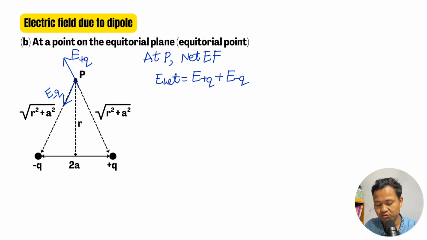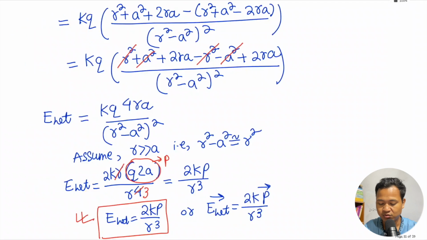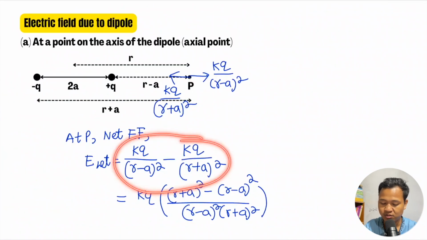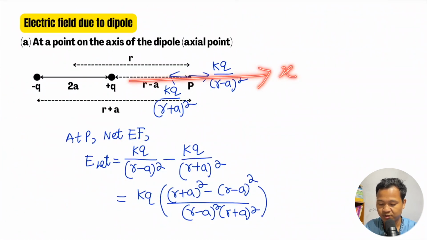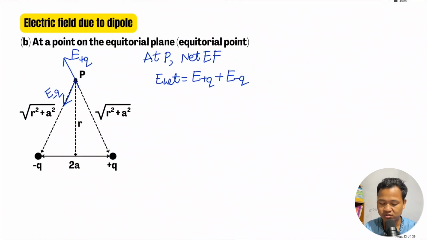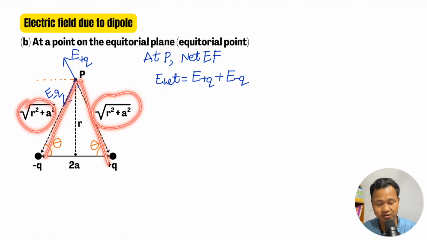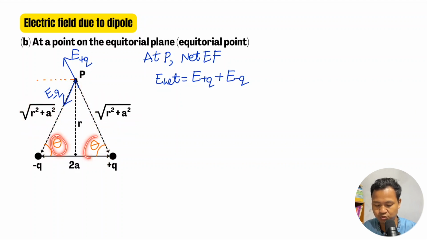The values of E due to plus Q and E due to minus Q are not along the same line, so they are not along the same x axis, and now we have to take components here. Suppose this is theta. This is an isosceles triangle, so if this is theta then this will also be theta.